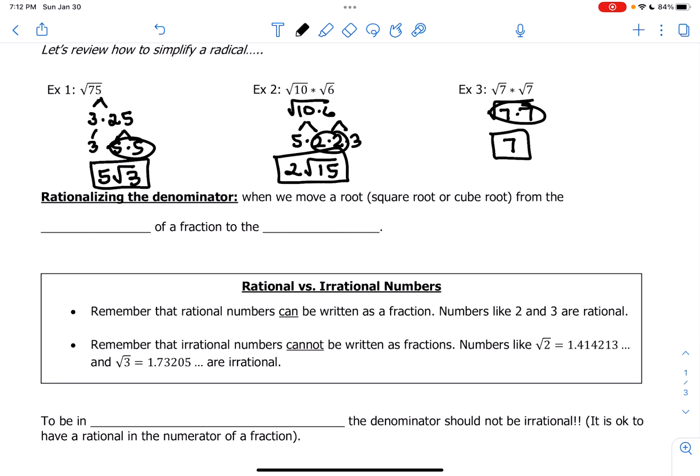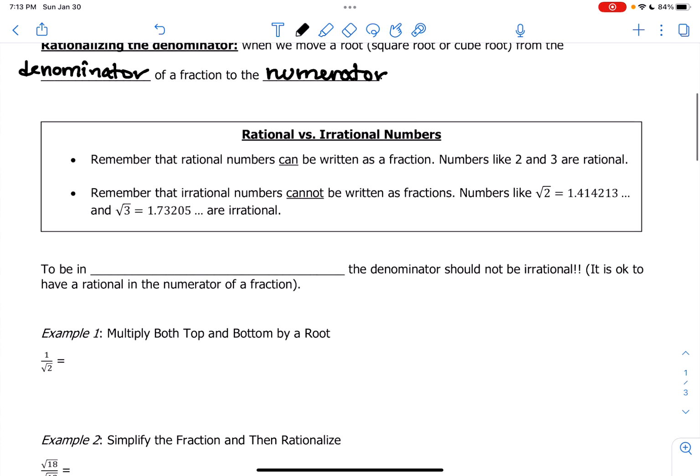So rationalizing the denominator is when we move a root from the denominator of a fraction to the numerator. And it's really making sure that the denominator is a rational number. So remember that a rational number can be written as a fraction and an irrational number cannot be written as a fraction.